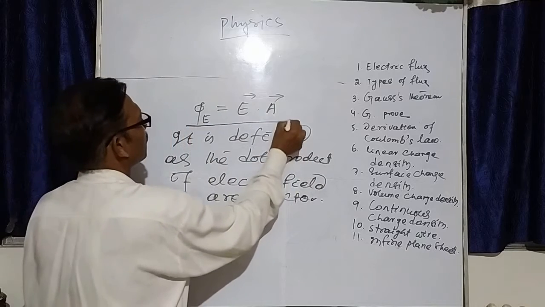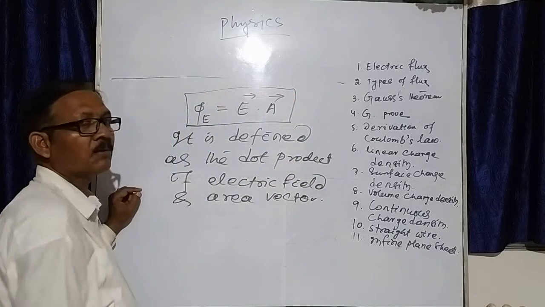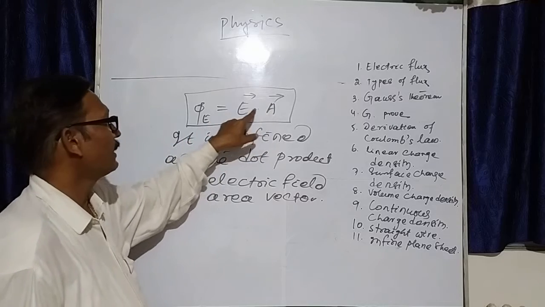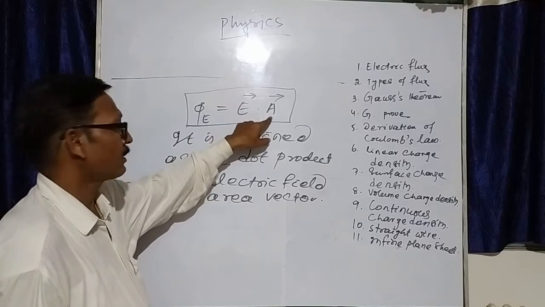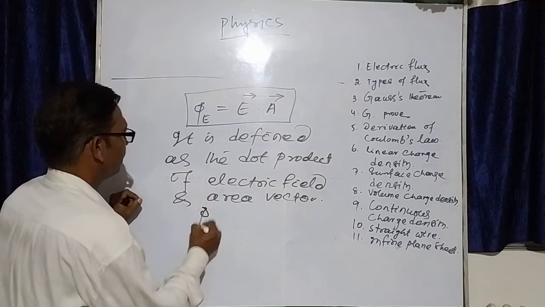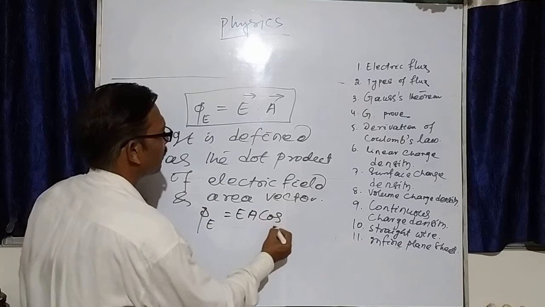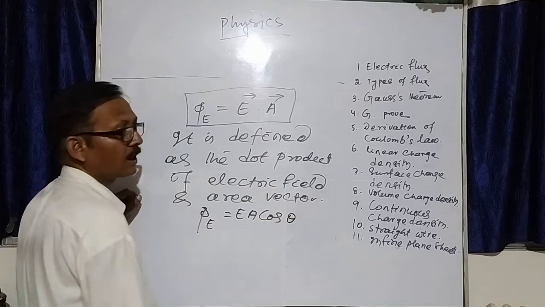So this is your general quantitative formula, E vector dot A vector. You can write phi is equal to EA cos theta, you know, A dot B is equal to AB cos theta.